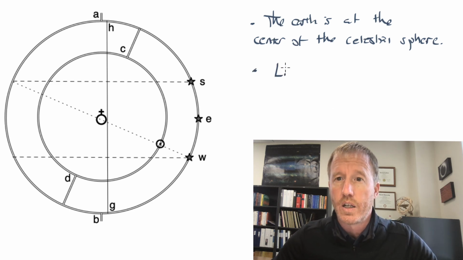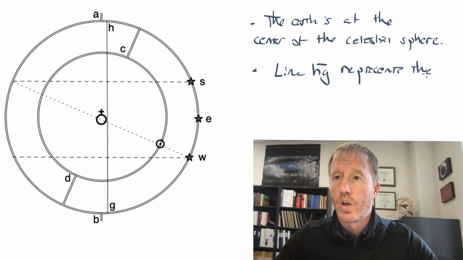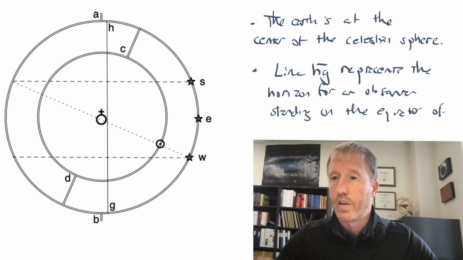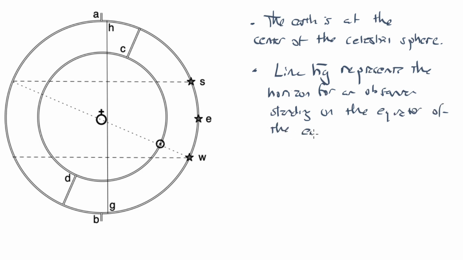So the line HG represents the horizon for an observer that is standing on the equator of the Earth. So down in Quito, Ecuador, somewhere in northern Africa.